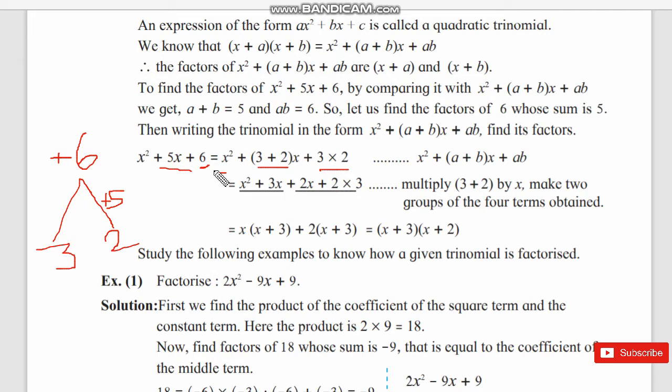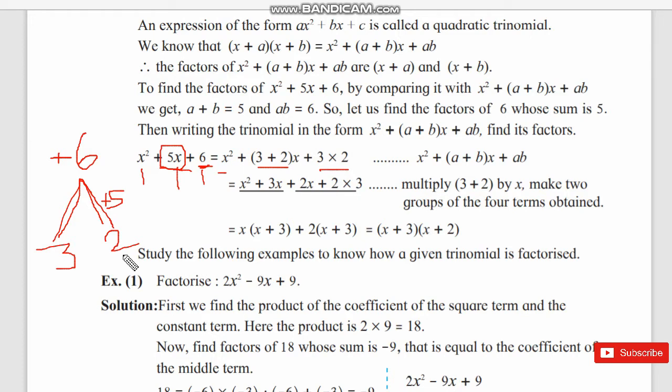So this is our condition for splitting the middle term. Let us see. This is the first term, this is the second term, this is the third term. The middle term is 5x, and the third term, or constant term, is 6. So we make the factors of 6. What are the factors? 3 and 2.